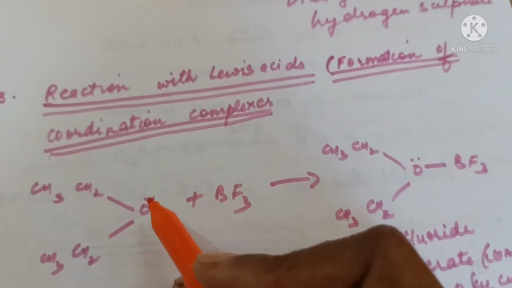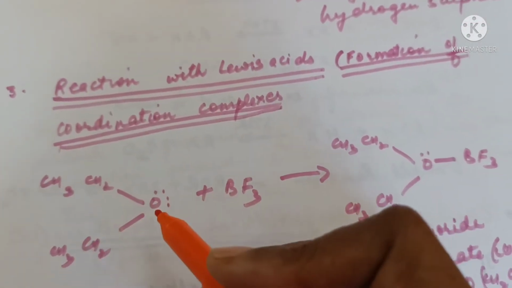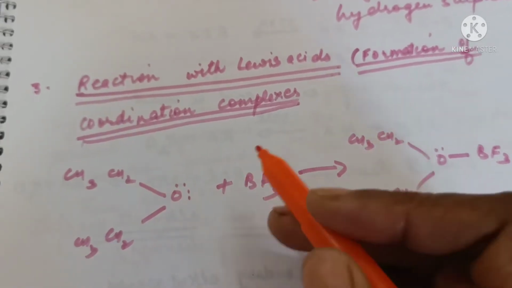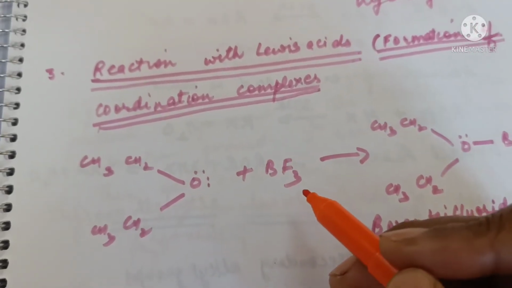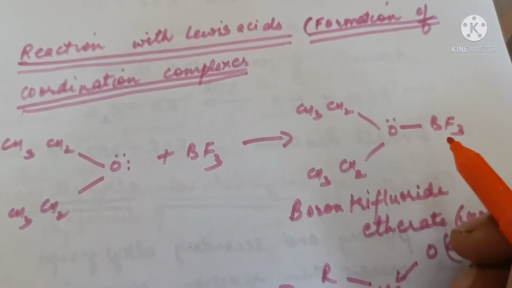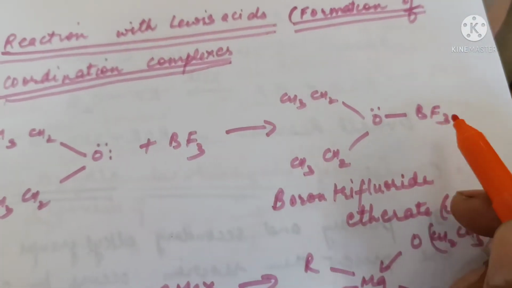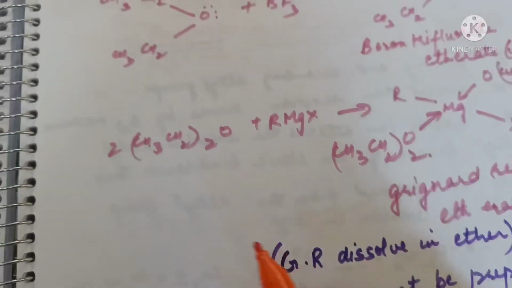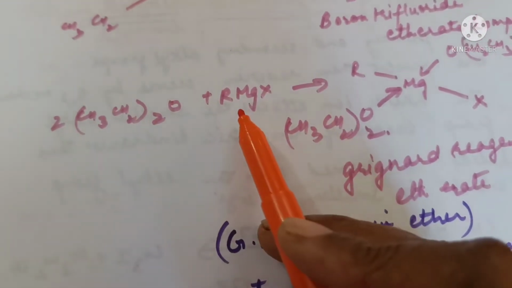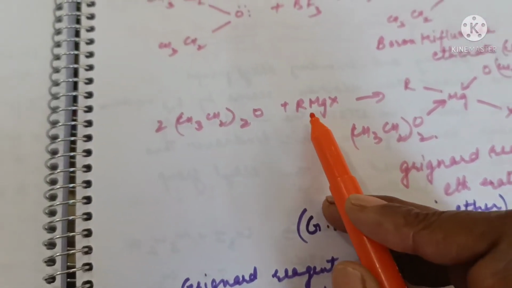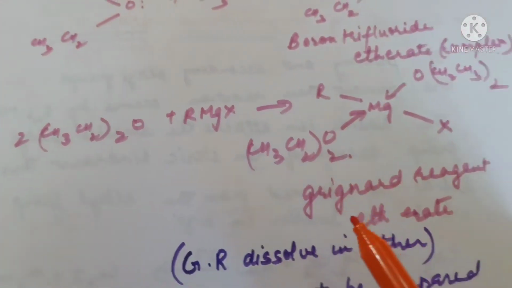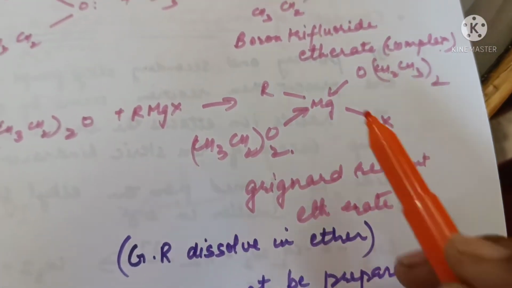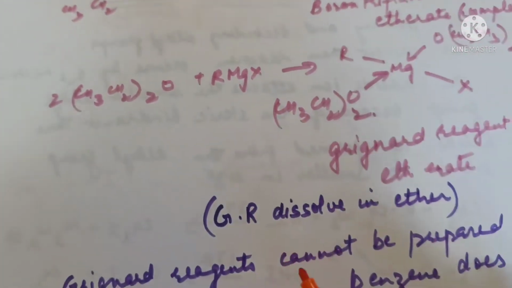The lone pair of electrons on the ethereal oxygen of ethers will be donated to electron-deficient compounds like BF3 to form a coordinated complex. This is the boron trifluoride etherate complex. Similarly, ether can form a coordinate bond with Grignard reagent to form a Grignard reagent etherate complex.